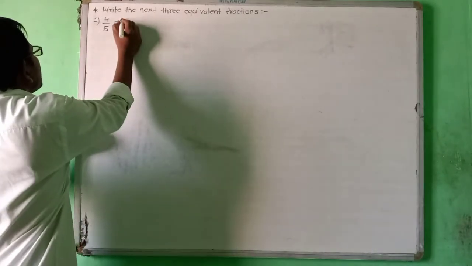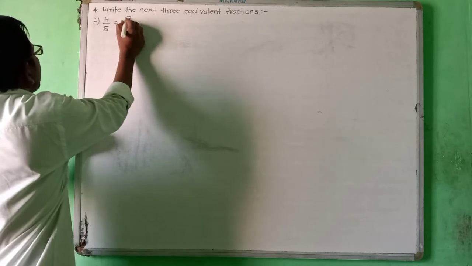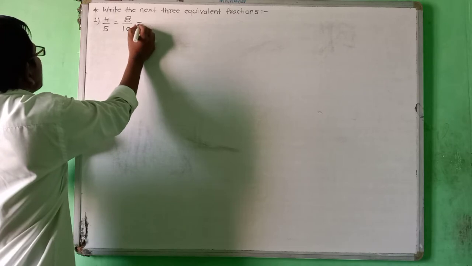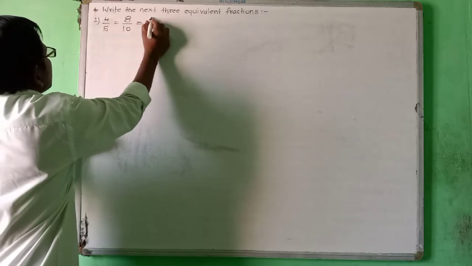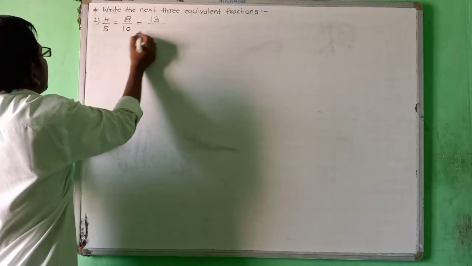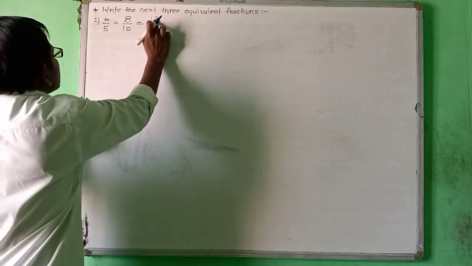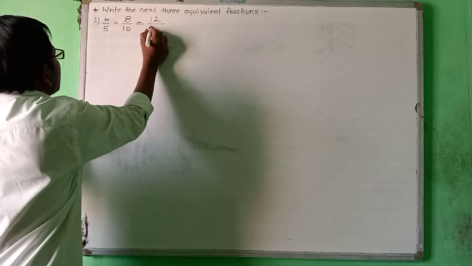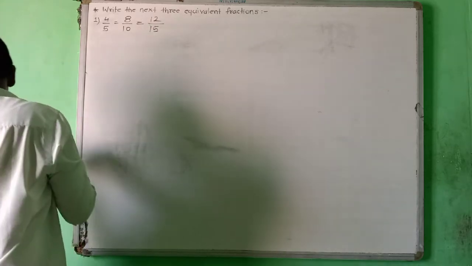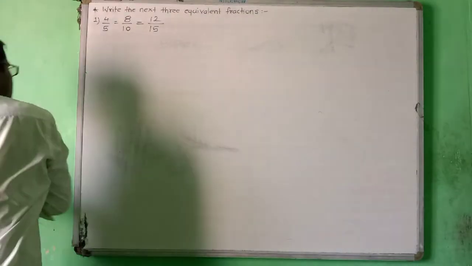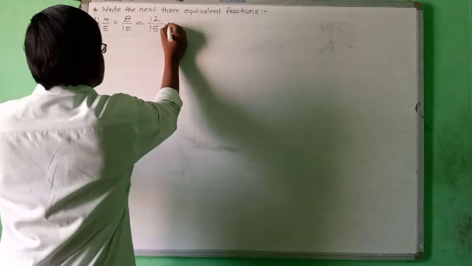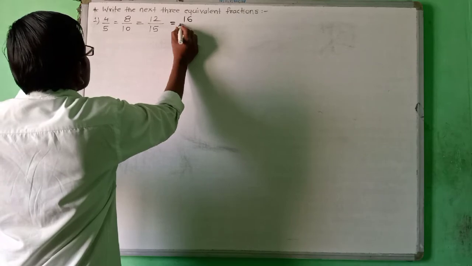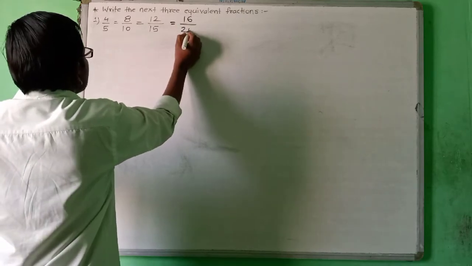So 4 upon 5, 4 2s are 8, 5 2s are 10, is equal to 8 upon 10. Then 4 3s are 12, 5 3s are 15. Then 4 4s are 16, 5 4s are 20.